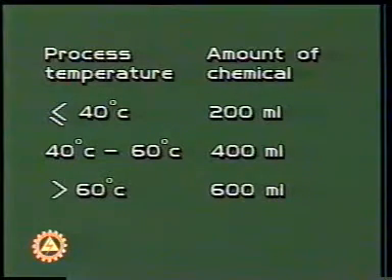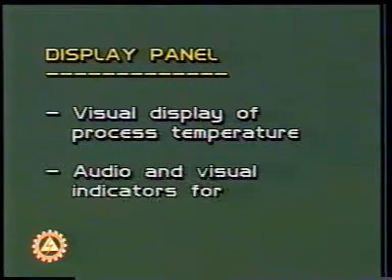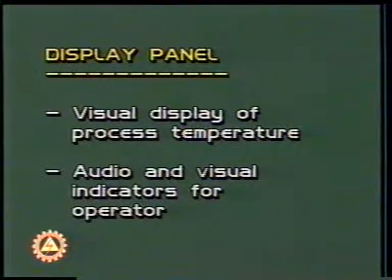For temperature above 60 degrees Celsius, we add 600 ml of chemical in the process. The provisions for visual display of process temperature and audio-visual indicators are provided for the operator regarding status of the system.